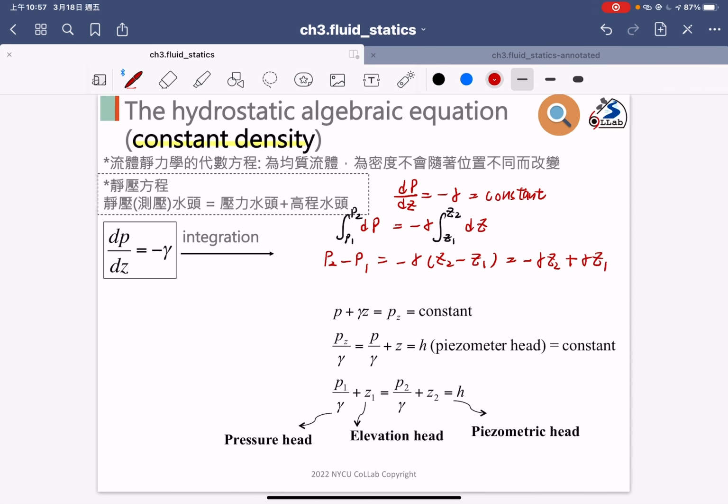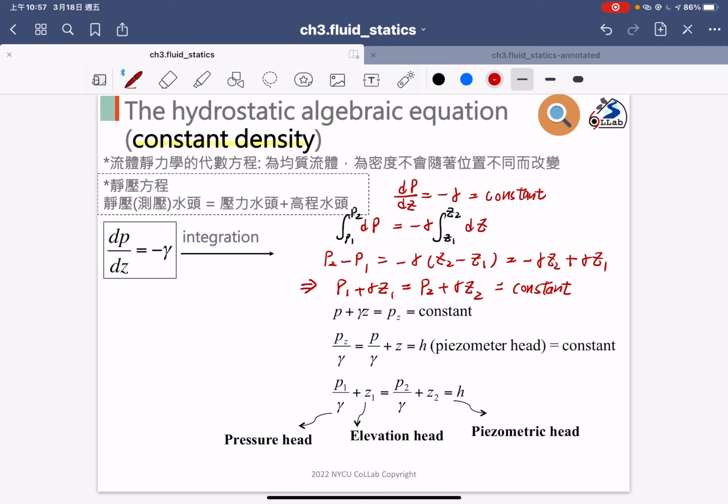Then you put the ones together and the twos together, so you can reorganize the equation: P1 plus gamma Z1 is equal to P2 plus gamma Z2, and the result should be equal to a constant.